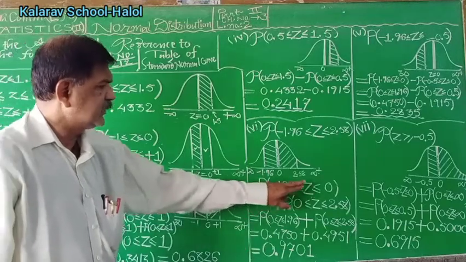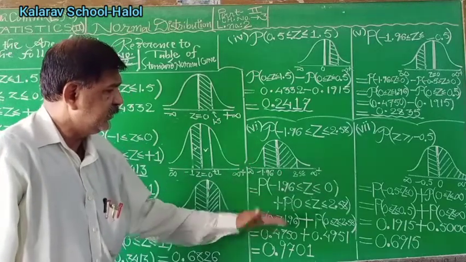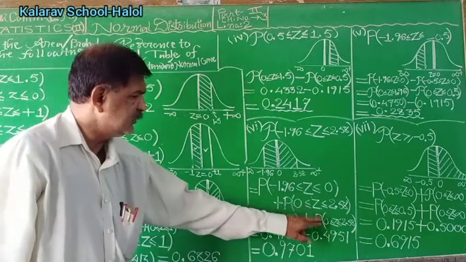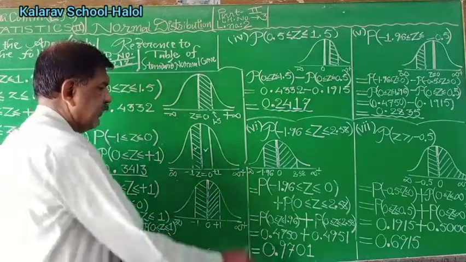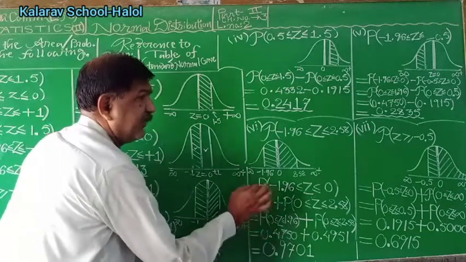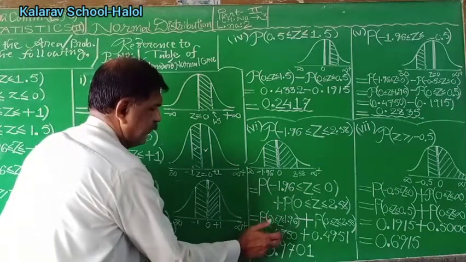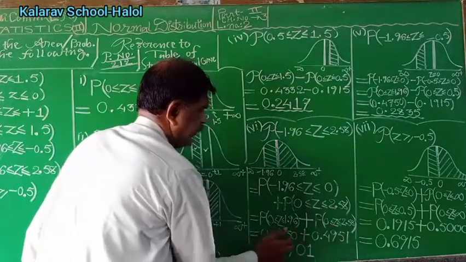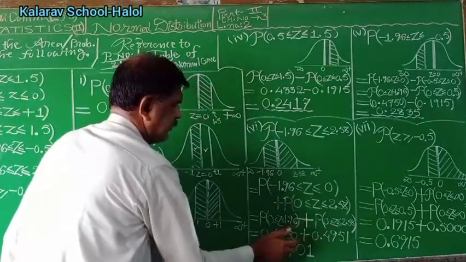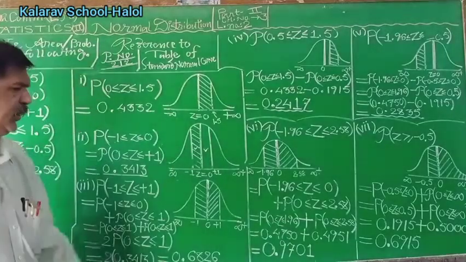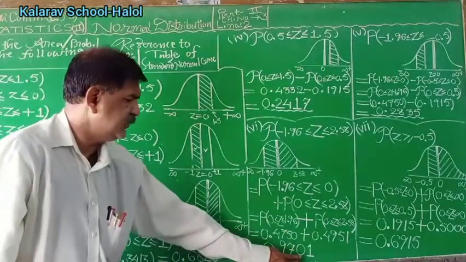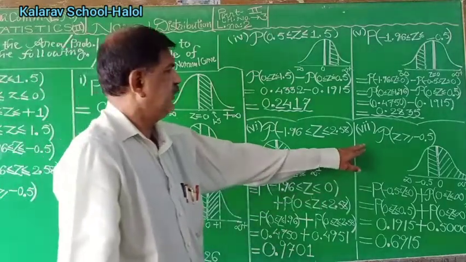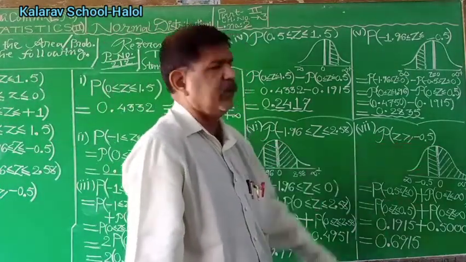Minus 1.96 to 0 is equivalent to 0 to 1.96, plus this probability as it is. The 1.96 probability from the table is 0.4750 and for 2.58 it is 0.4951. Addition of these two gives the answer 0.9701.